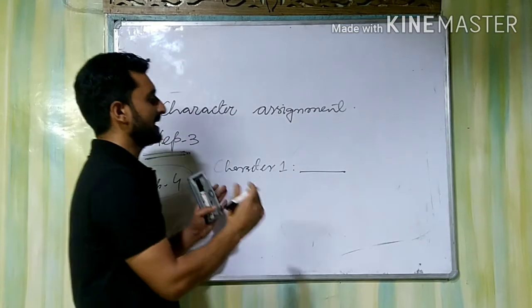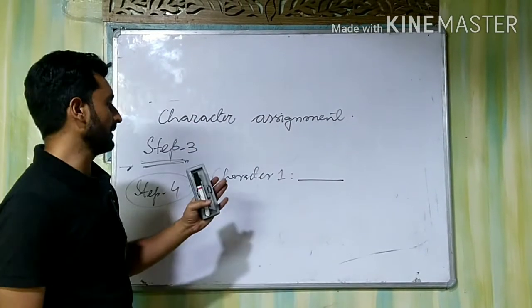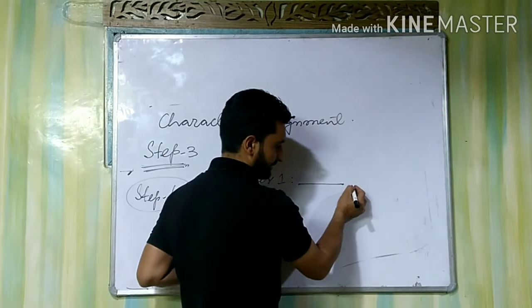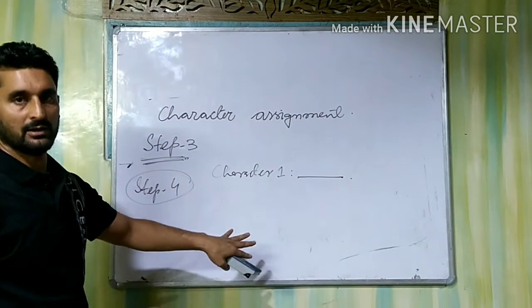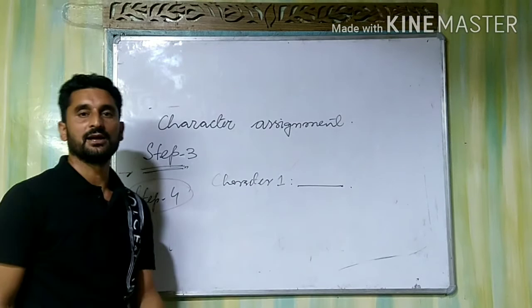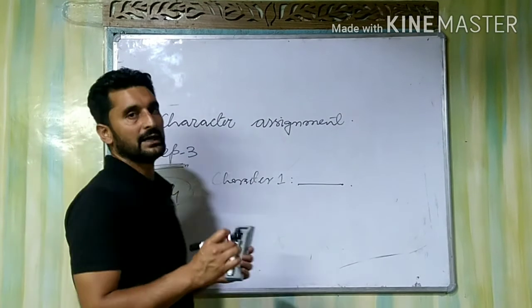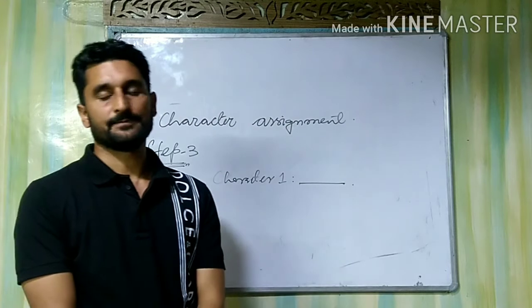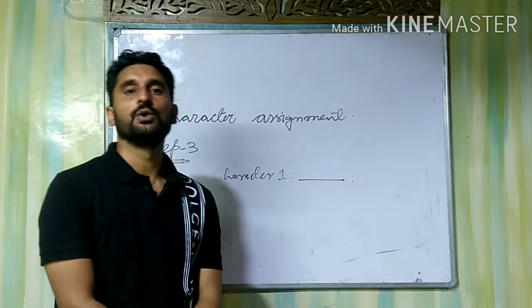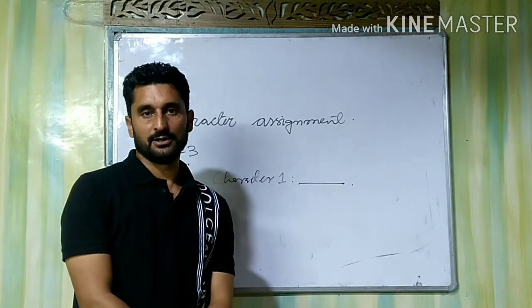You cannot start the second dialogue, the dialogue of character 2, from here. You have to start another dialogue on a fresh line. So spare a fresh line for each dialogue. These are actually the steps that you need to follow while writing a dialogue.